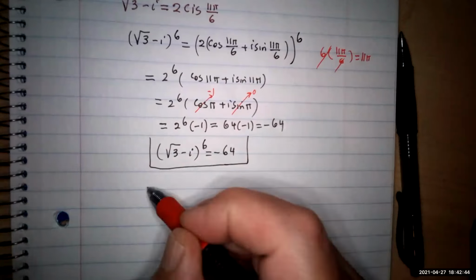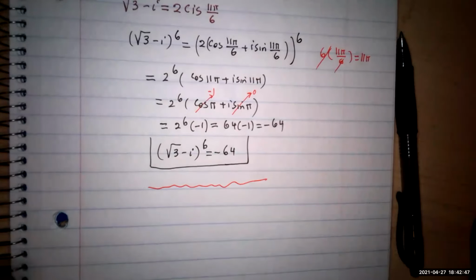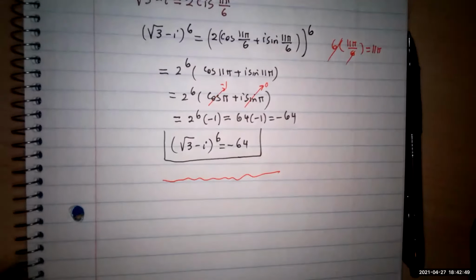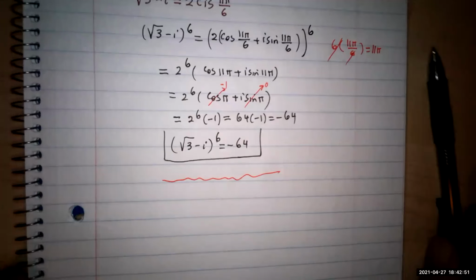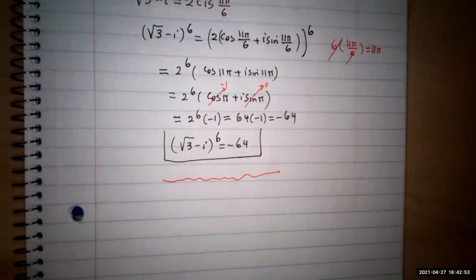Now, the other question is operation with this polar form. Remember, we can multiply or divide complex numbers in polar form. If you multiply two complex numbers in polar form, you multiply their absolute values, R, and then you add those angles.